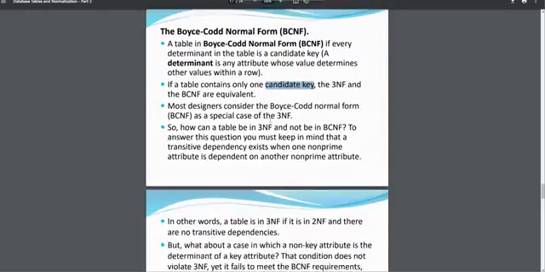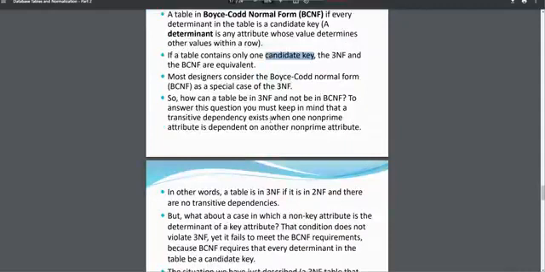Boyce-Codd normal form is related to candidate keys. Here we are discussing how a table can be in third normal form and not be in Boyce-Codd normal form. When something is in third normal form, you should be able to normalize it and convert that into Boyce-Codd normal form. Understood, right?